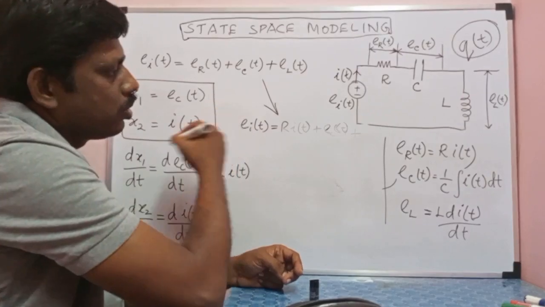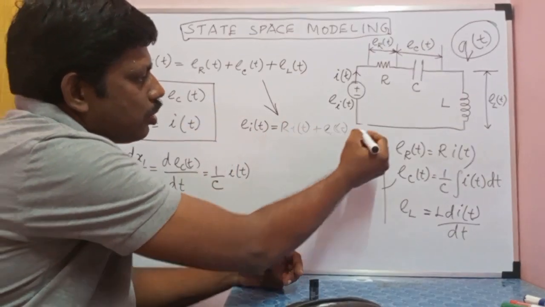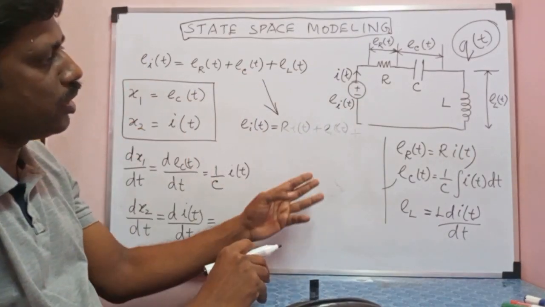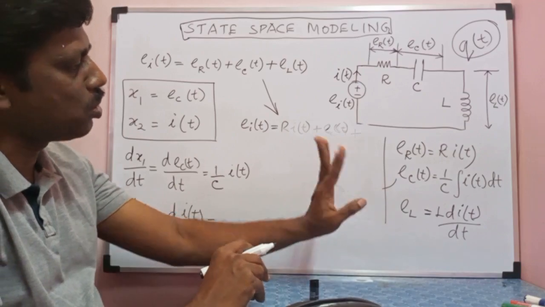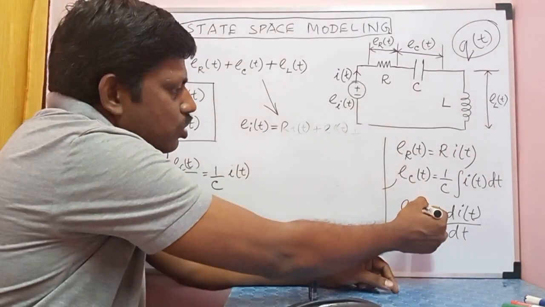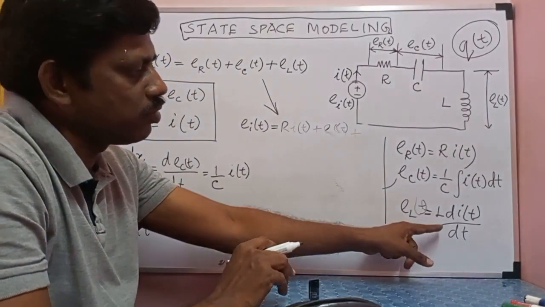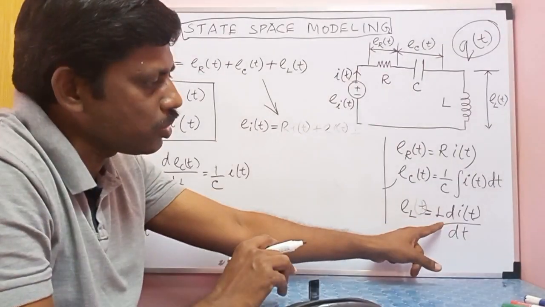Plus E_L of t. So what shall I do with E_L of t? E_L of t is not a state variable, so I should write it in terms of the state variable, I of t.